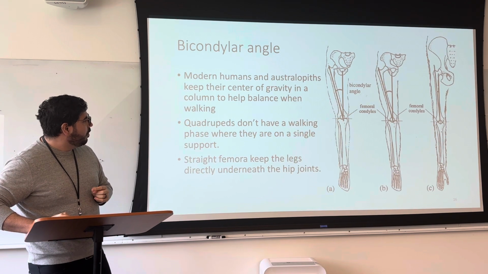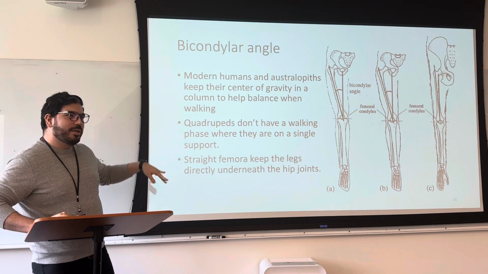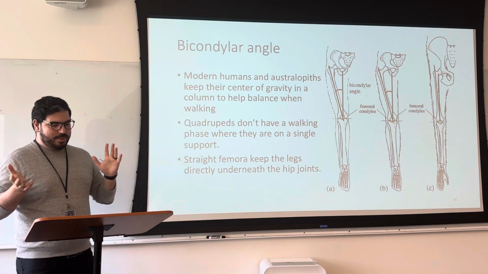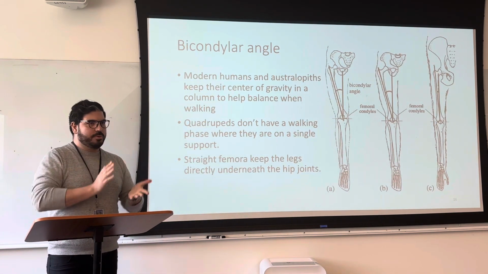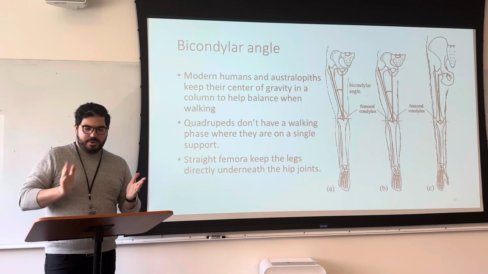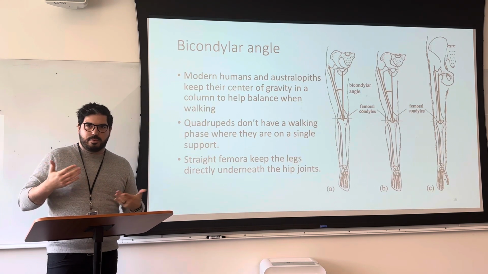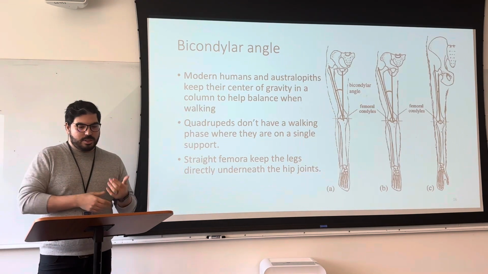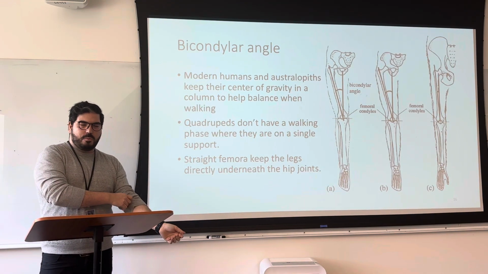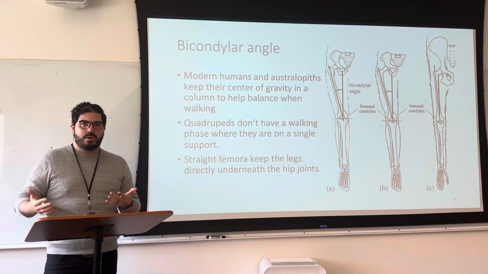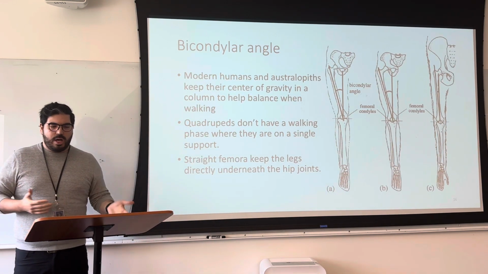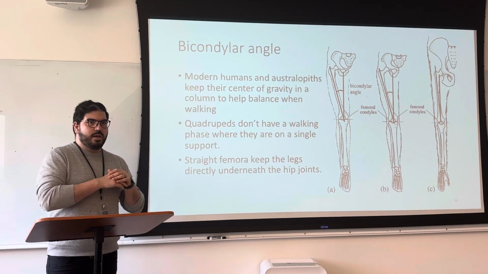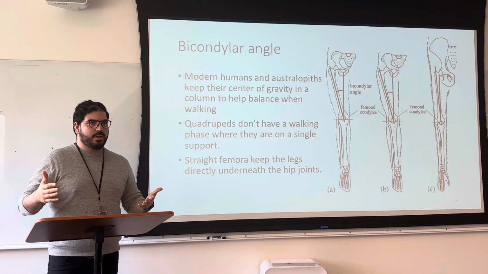Modern humans and Australopithecines keep our center of gravity in a column when we're walking, so having our knees closer together helps us maintain that in single support phase. Quadrupeds like chimps don't have a walking phase where they are supported on a single leg, so having a straight femur keeps the legs directly underneath the hip joints and helps them with their balance.